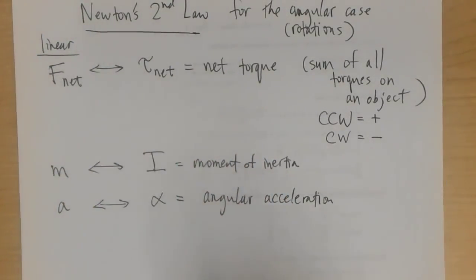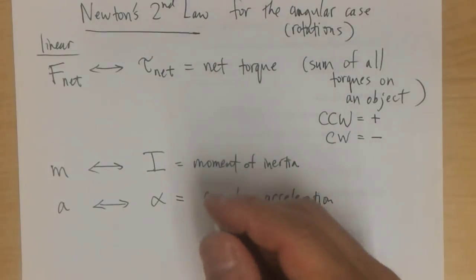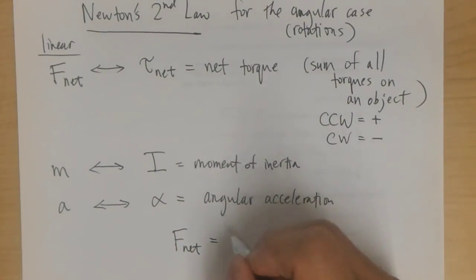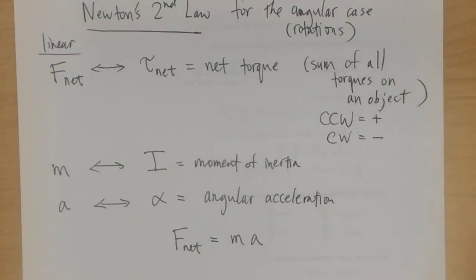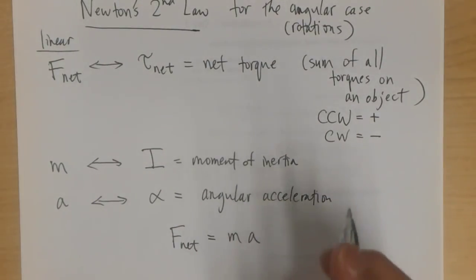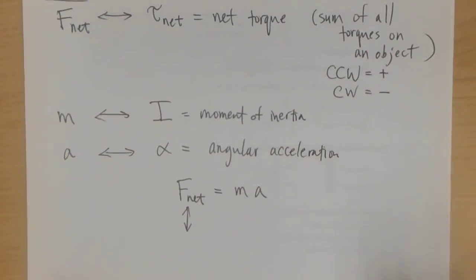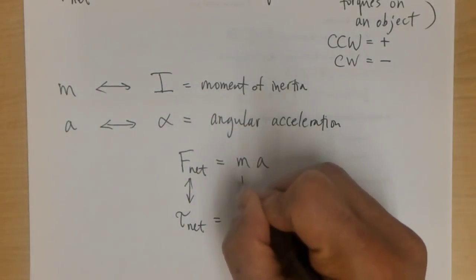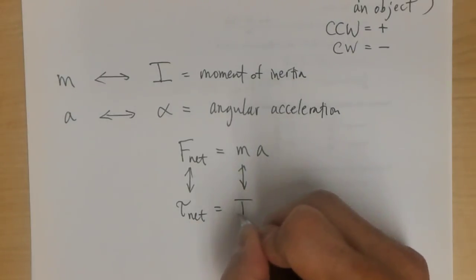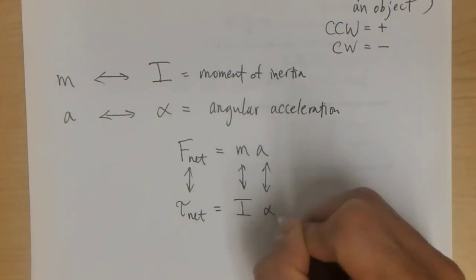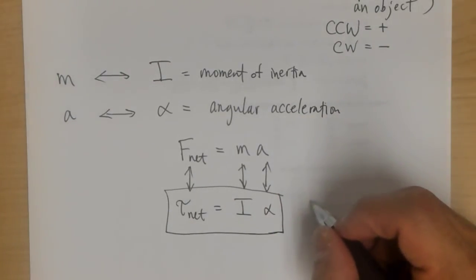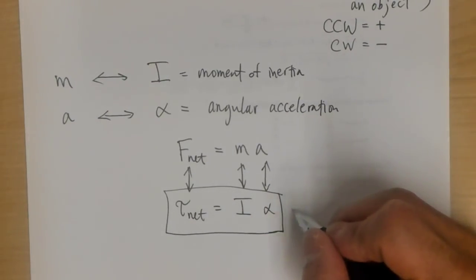That's just plain old acceleration, a. So we can take what we've learned from the linear case, F net equals ma. Let's just work with the magnitudes here. We do the analogies and get tau net equals moment of inertia I times the angular acceleration. Just by doing that, we have Newton's second law for rotations.